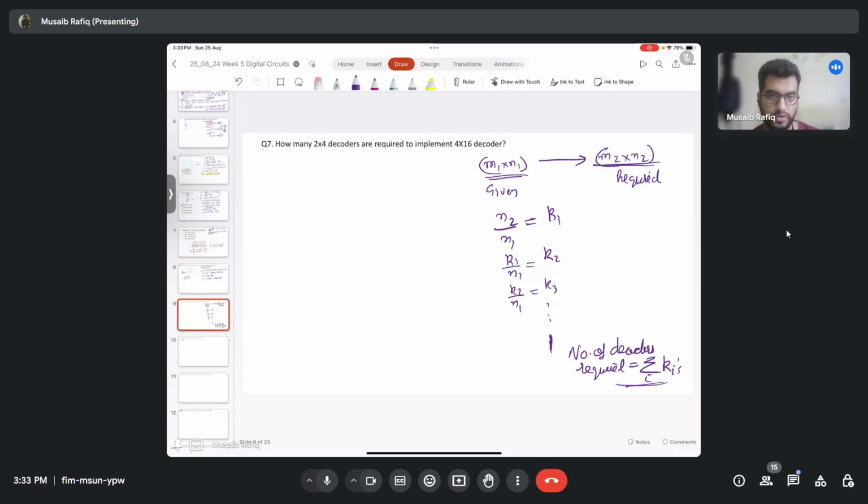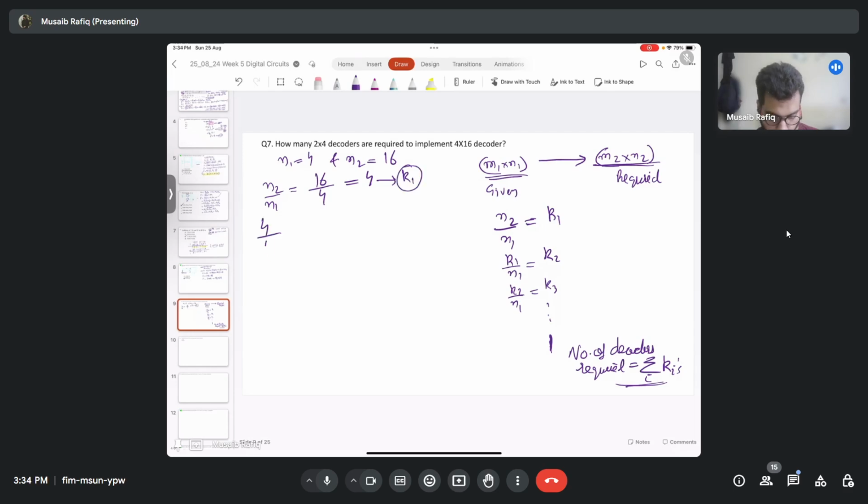So using this general rule of thumb, what we have here is a 4 is to 16 decoder. So here N1 is equal to 4 and N2 is equal to 16. So N2 by N1 will be 16 by 4, that is 4. So this is my K1.